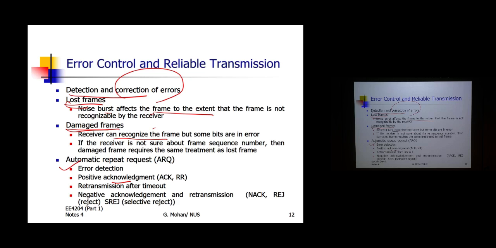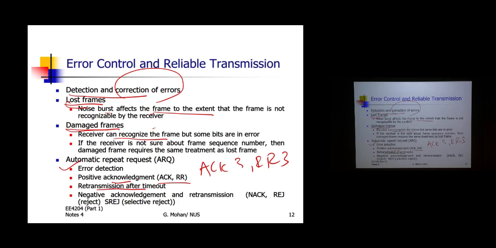Positive acknowledgement means it is acknowledging that some frames have been received. So we use ACK or RR. Both are same. Sometimes we say ACK3, sometimes we say RR3. That's fine. Both refer to positive acknowledgement.